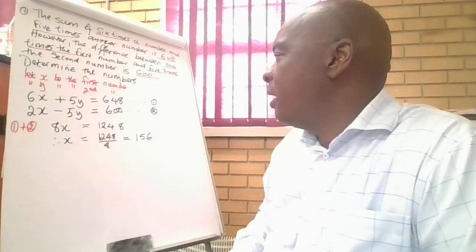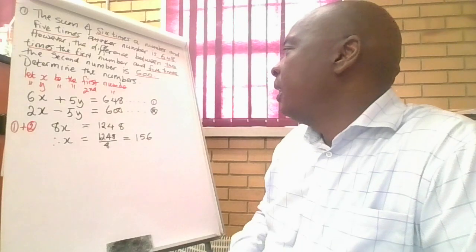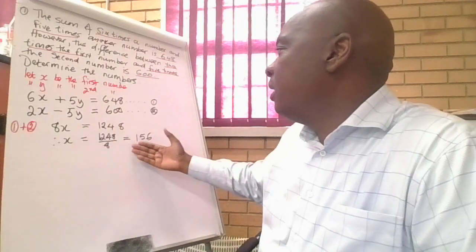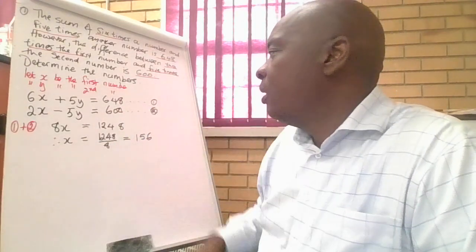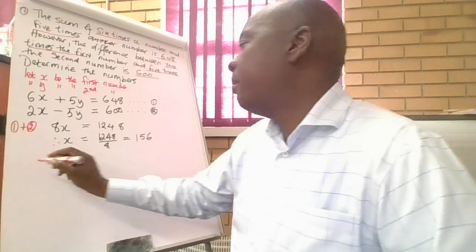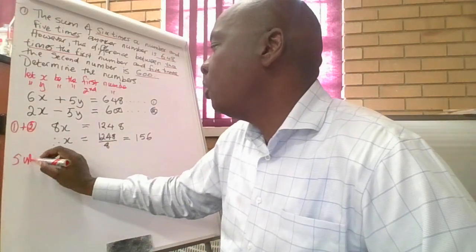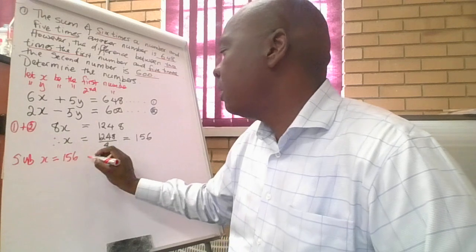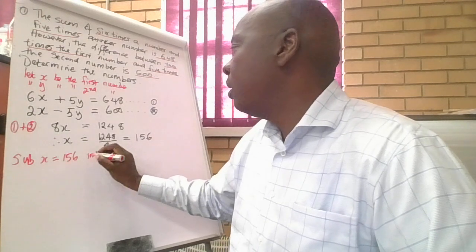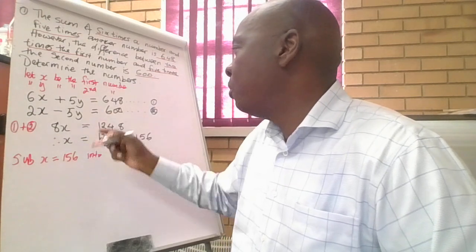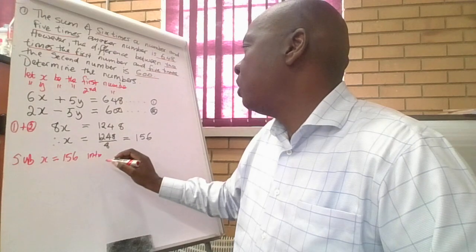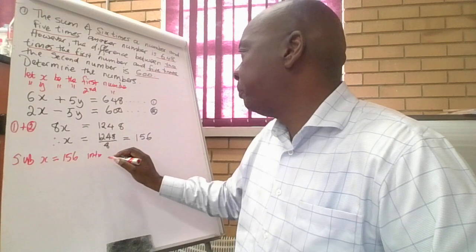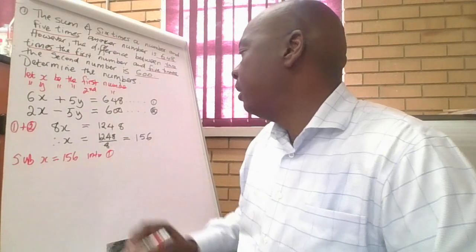To find the other number y, I can substitute the value of x in any of these two equations. So I can say substitute x is equal to 156 into whichever equation, 1 or 2. Let me substitute into equation 1.